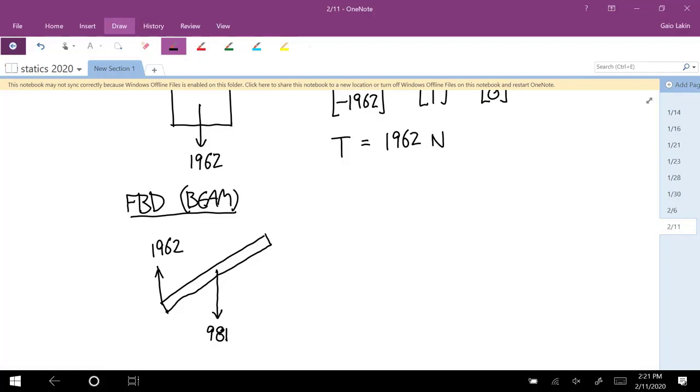Can it rotate? No, so a fixed joint eliminates all 3 degrees of freedom, and that means it's going to have 2 components of a force and a couple. So I'll call that force R, reaction force, and then I'll call this couple MR, reaction moment.